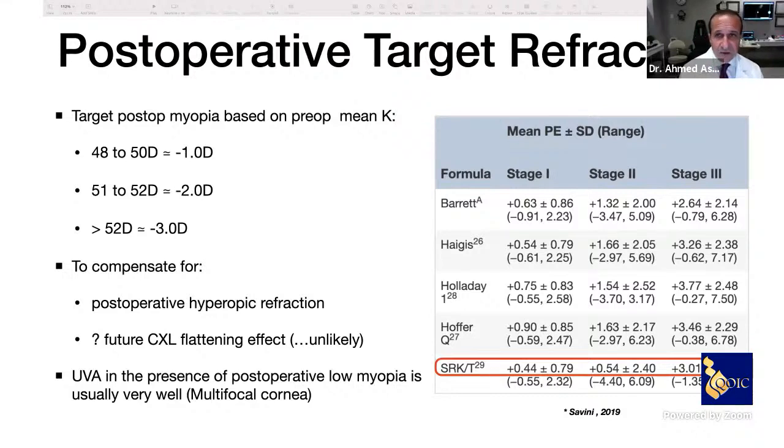And this is to compensate for the potential hyperopic shift and maybe future cross-linking flattening effect, which is unlikely in this age group of patients, but just in case the patient receives future corneal cross-linking. Remember that the uncorrected visual acuity in these patients is pretty good, even in the presence of a low amount of myopia, because this is a multifocal cornea and we have some neural adaptation.